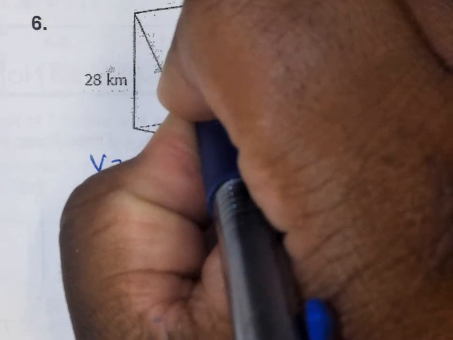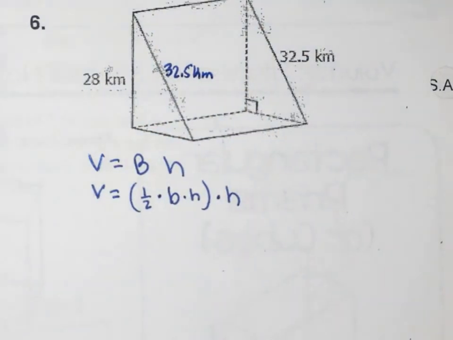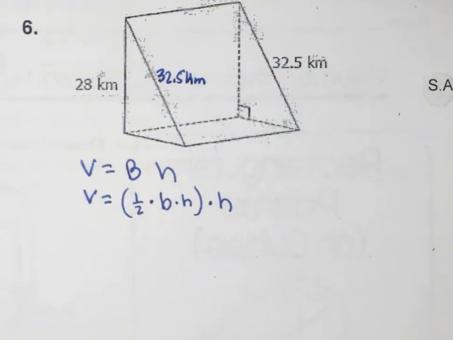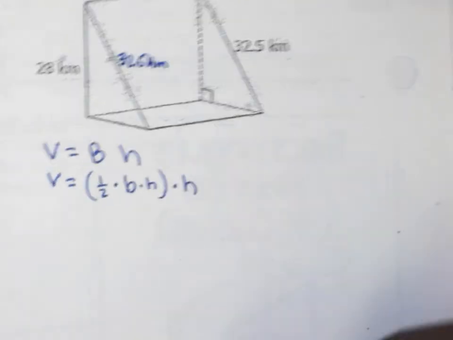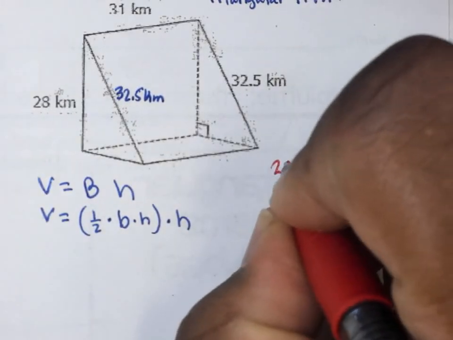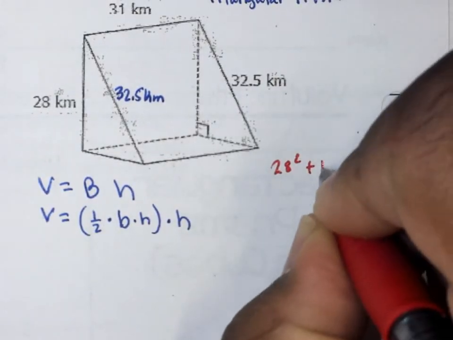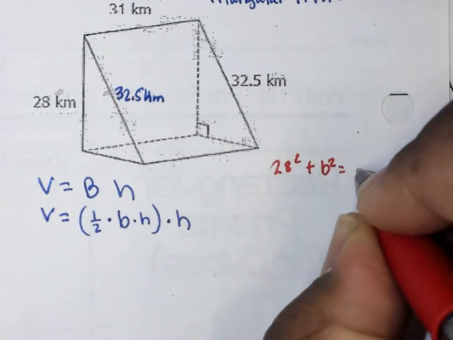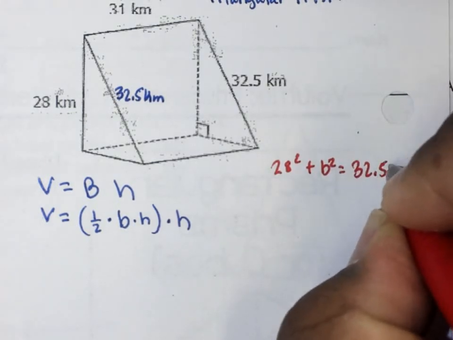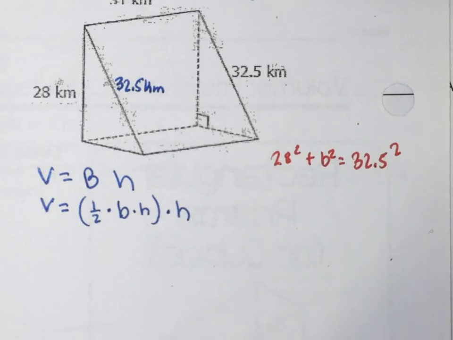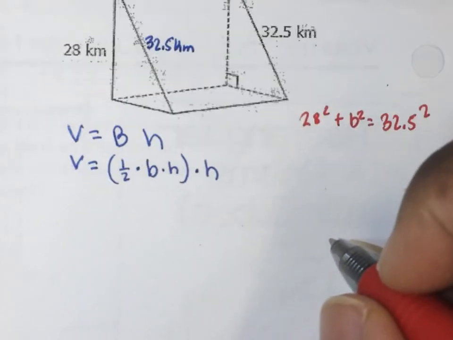Yeah, when you're doing Pythagorean, though, you need to make sure you put that stuff in the right spots. I'm going to solve out here to the side. Should be 28 squared plus b squared equals 32.5 squared. I did this last period.